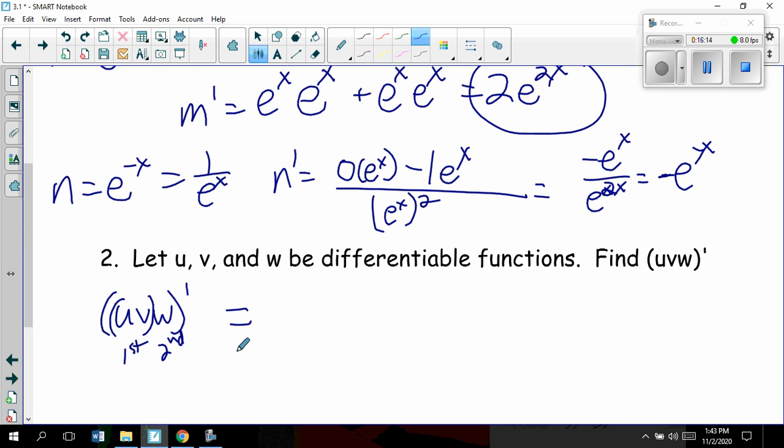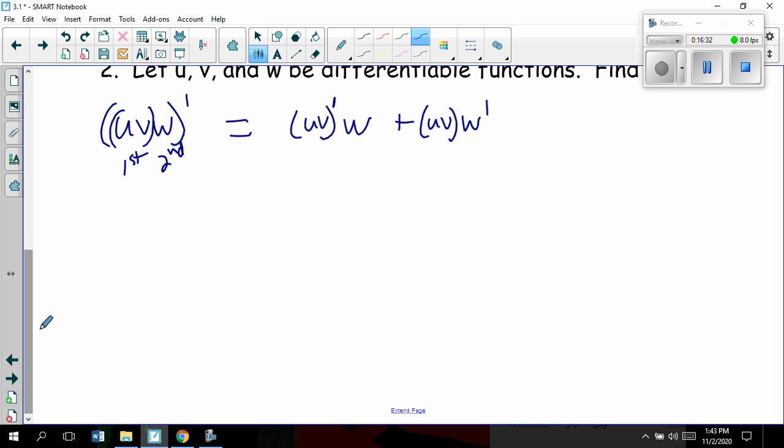Okay, so when I write out my derivative, I'm going to do it kind of notationally, and then we'll expand from there. So my derivative of the first notationally is uv prime, and then times the second, which is w, plus the first, which is uv, times the derivative of the second, which would be w prime. Now when I look at this, w prime is fine.